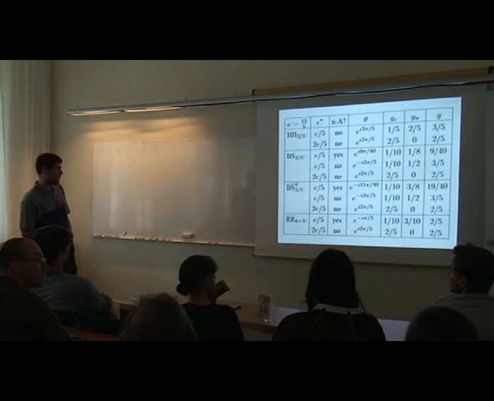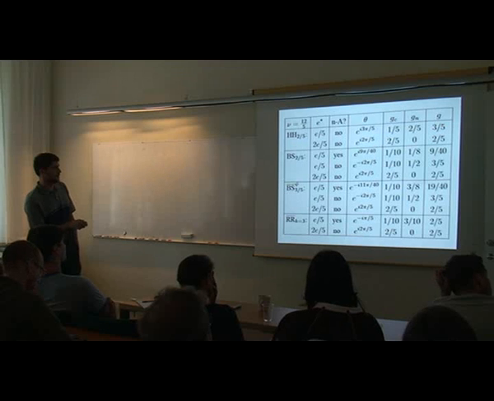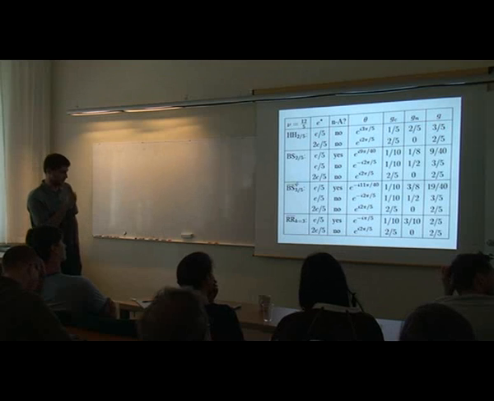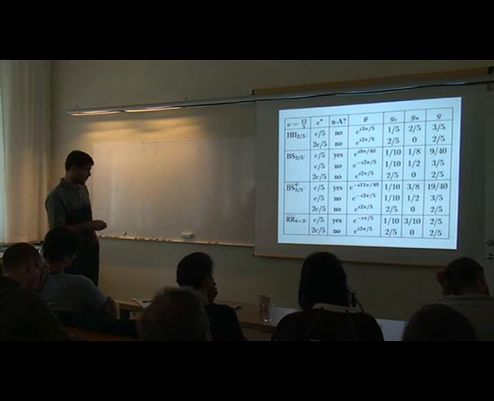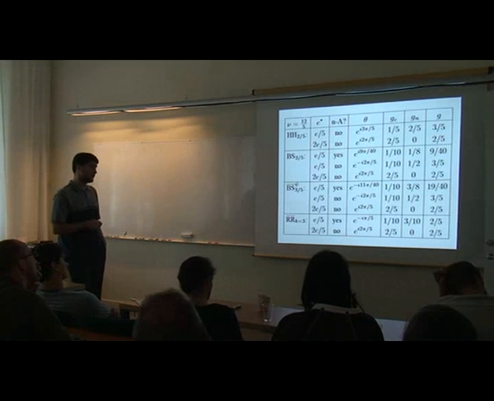In particular, that G is this column here on the right, and you can see that for the hierarchy state you have the e/5 quasiparticles tunnel with a 3/5 conformal weight G, whereas the 2e/5 quasiparticles tunnel with a 2/5.